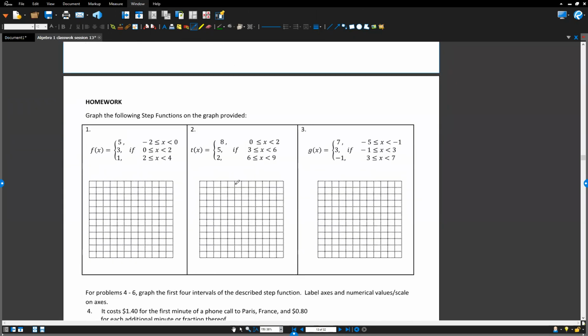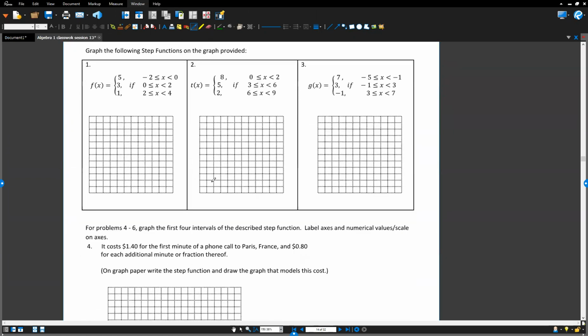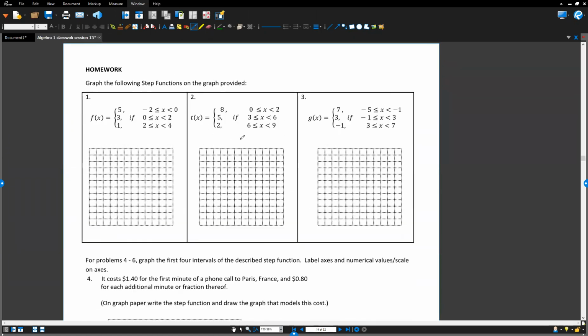Okay, we can try step functions over here. This is very simple. We can try the homework section. Okay, that's very simple, okay?